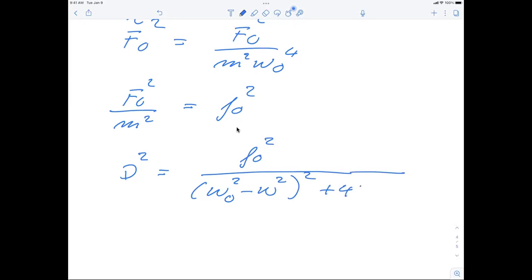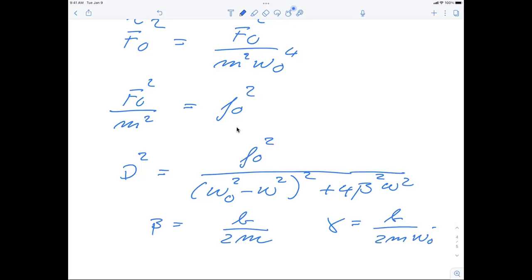I have introduced a new term here, which is beta omega squared. This beta is something which I have defined as b divided by 2 times the mass of the object. And remember that the term we had, gamma, was given by b divided by 2m omega 0 squared.